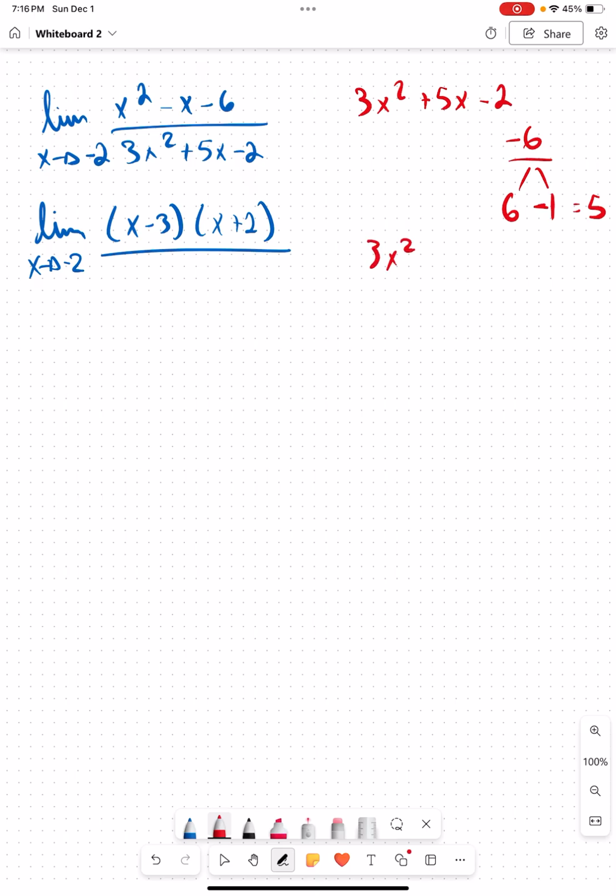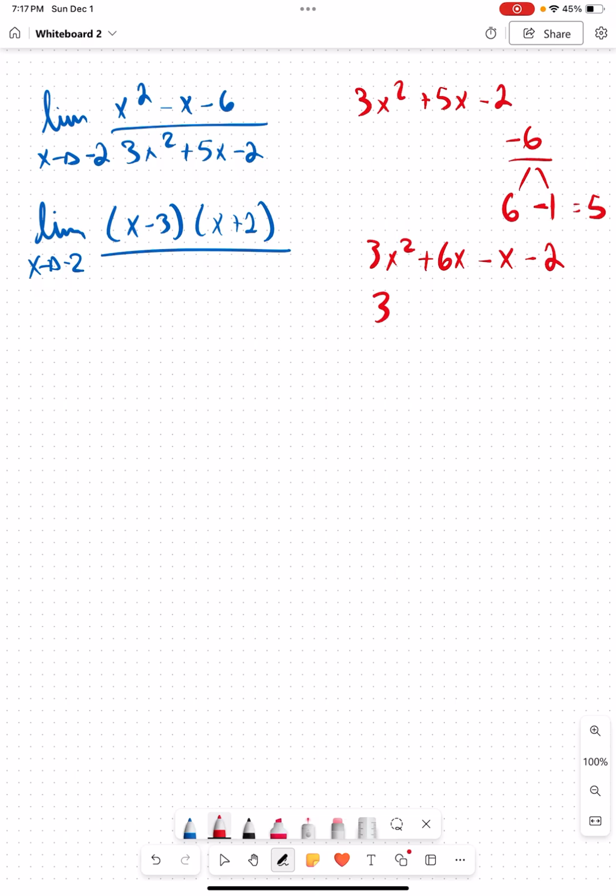So these are the x terms that I'm going to be adding to factor out here. So I'm going to have 3x squared plus 6x minus x, that is from the negative 1, and then minus 2. And now I can see that I can factor out a 3x in the first two terms. By the way, this is called grouping.